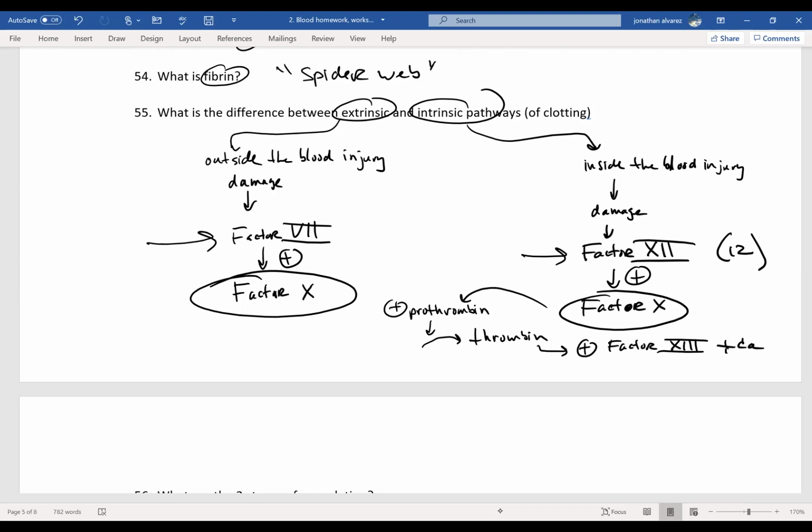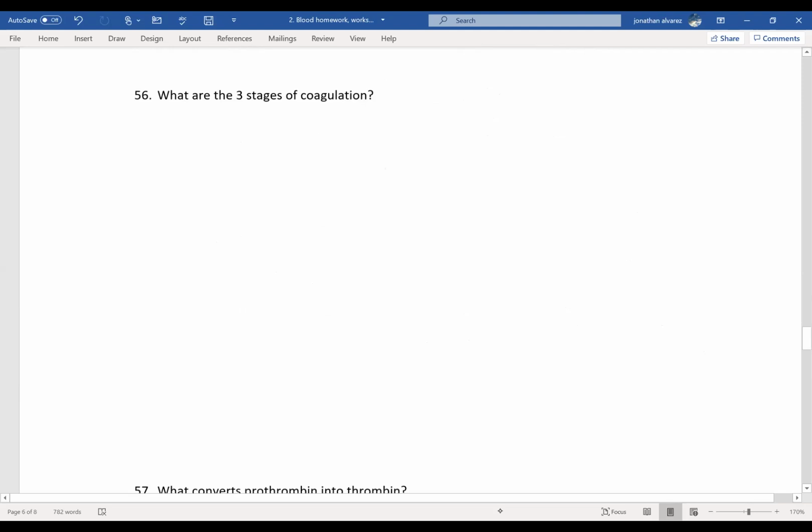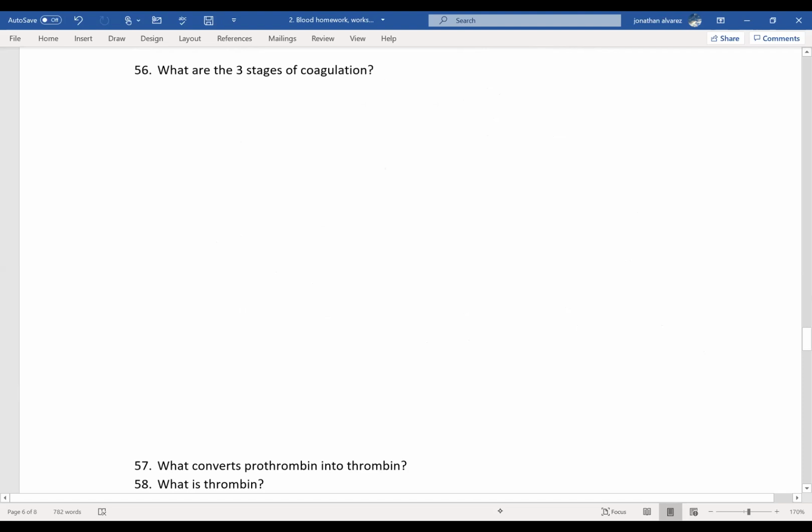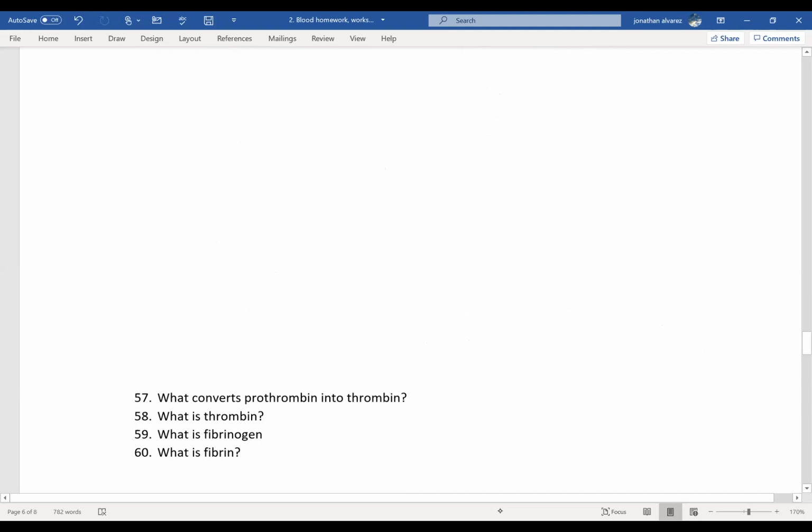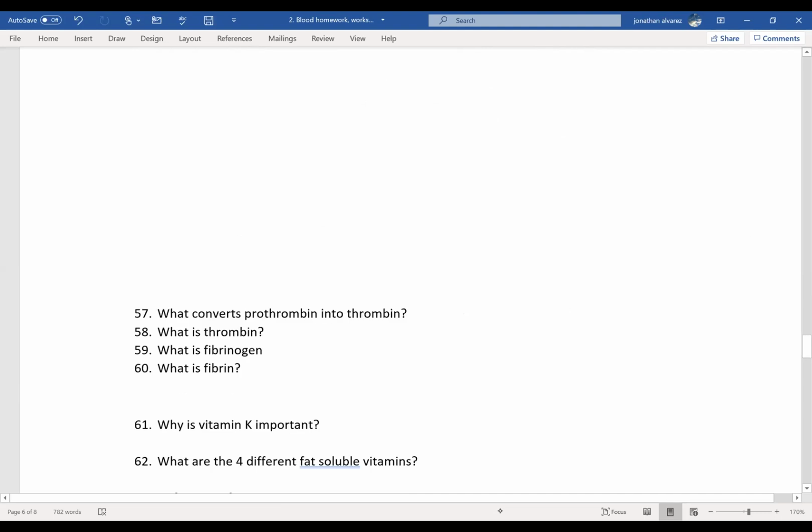When that happens, it takes fibrinogen and turns it into fibrin, and that's the fibrin clot. Okay, that spider web. What I just wrote in the notes will have that, 56 through 60 there.